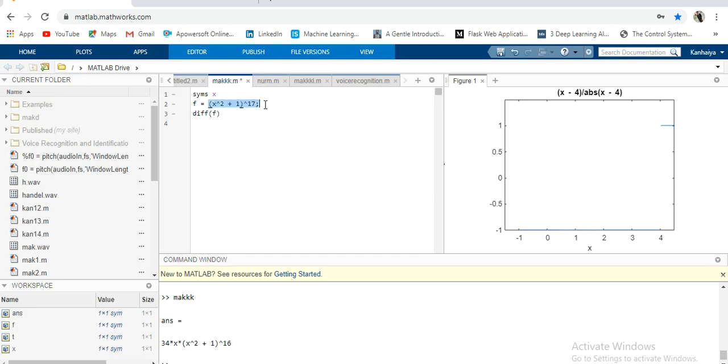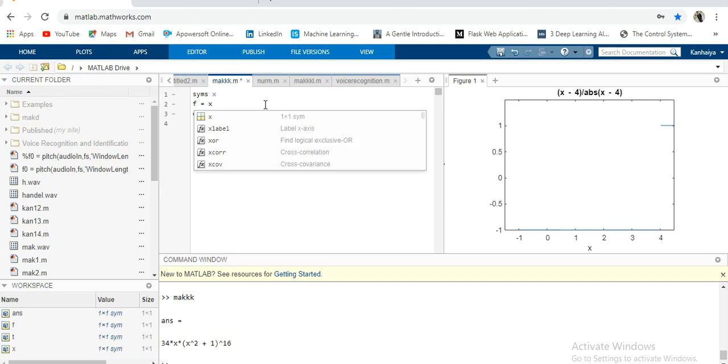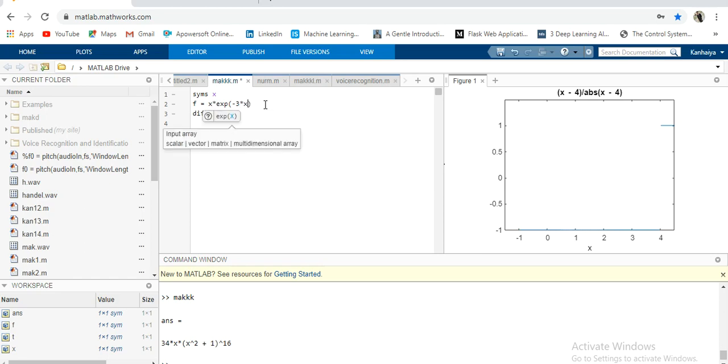Our problem is x into exp minus 3 into x. Suppose we want f double prime. Then we have to specify f comma 2. Very simple, right?